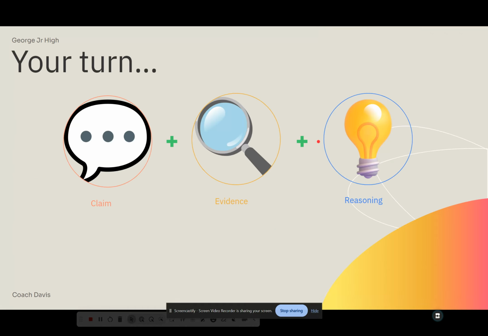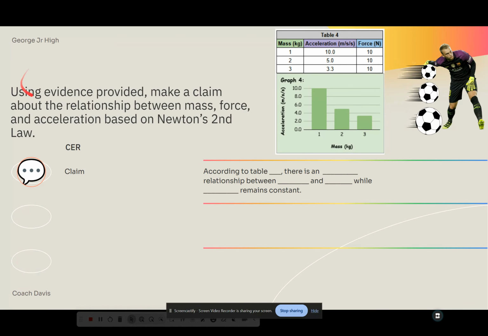All right, your turn this time. So using the evidence provided, make a claim about the relationship between mass, force, and acceleration based on Newton's second law. So I'm going to help you out just a little bit here. You are responsible for doing this on a test later this week, so I'm really trying to give you answers here. So according to table, there is a blank relationship.